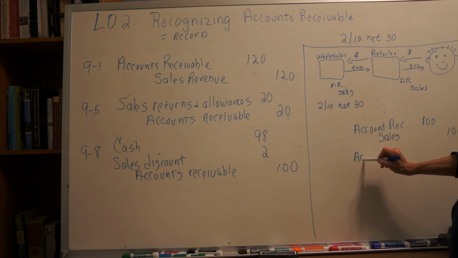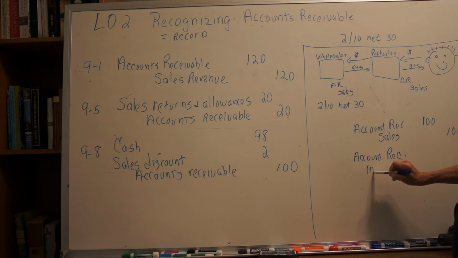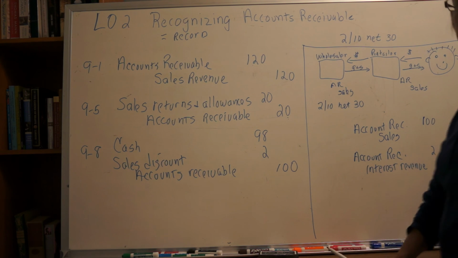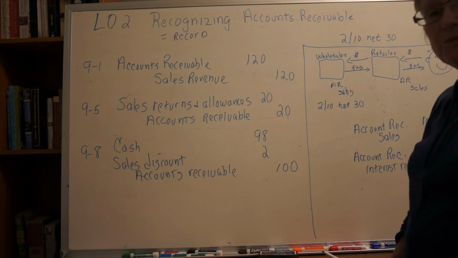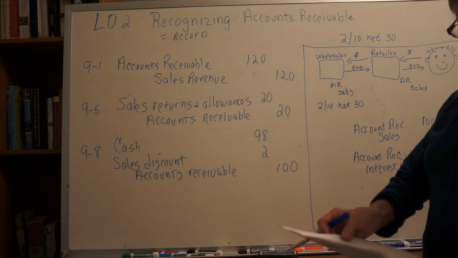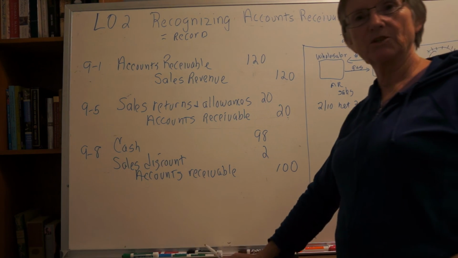And to do that, the journal entry is simply we add on to that person's account receivable, and we, as the retailer, recognize interest revenue. Okay, and just say it was $2. Okay. So now that account receivable is $102 for that person, and so when they send a check, that's the amount that they're going to have to send. Okay, so I think that's about all for learning objective number 2.